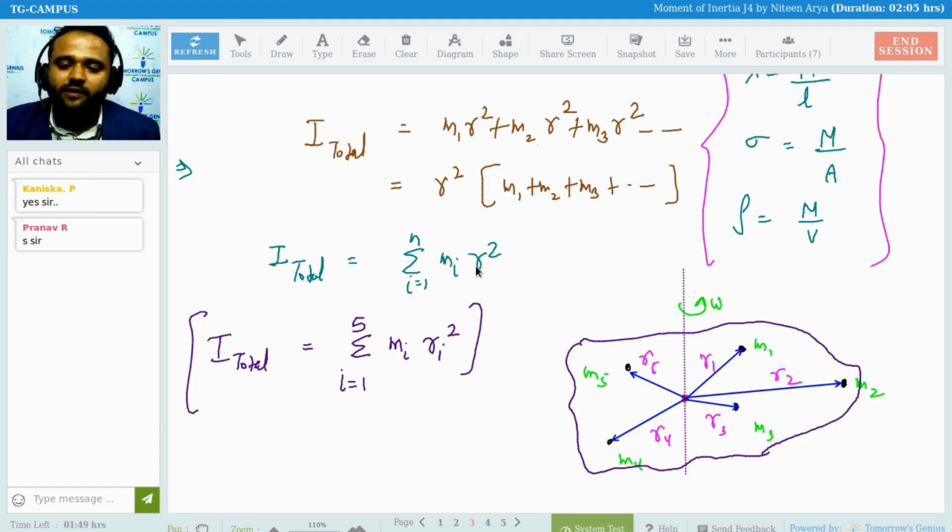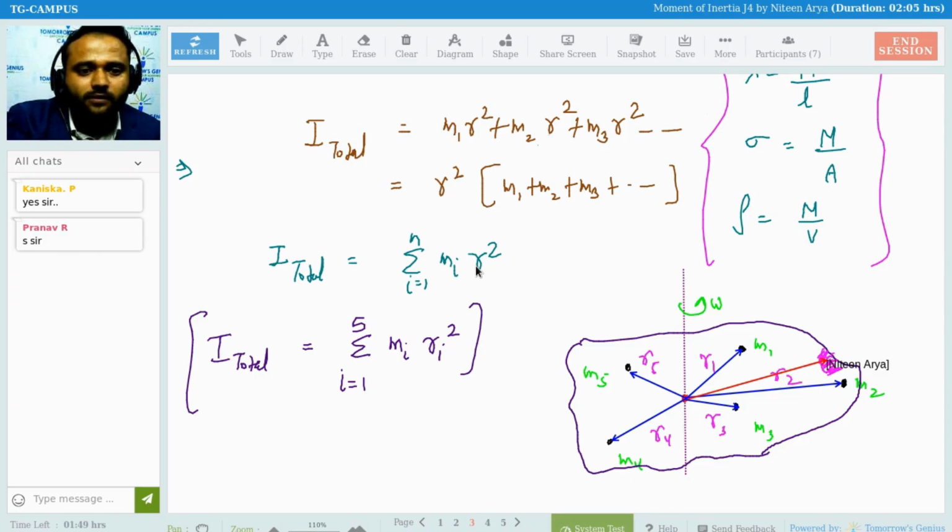But obviously for any particular continuous body I cannot do this summation with this total sum. So for a continuous body, this summation can be converted into integration, and then simply I choose this small dm mass, and I can pick this r from the center of mass.